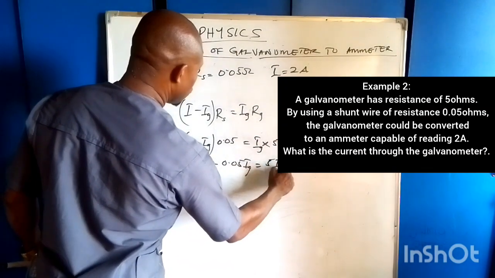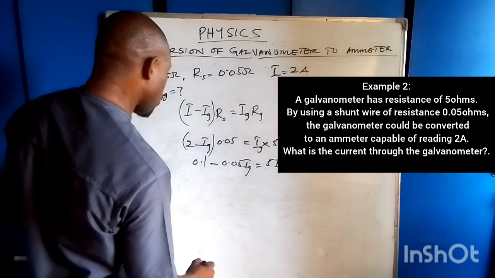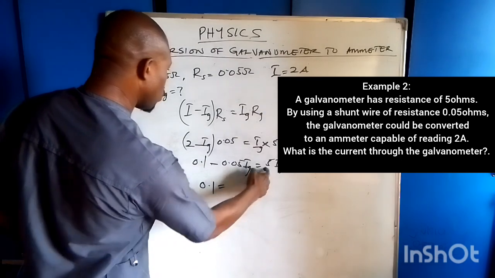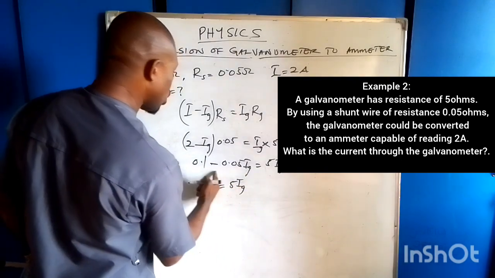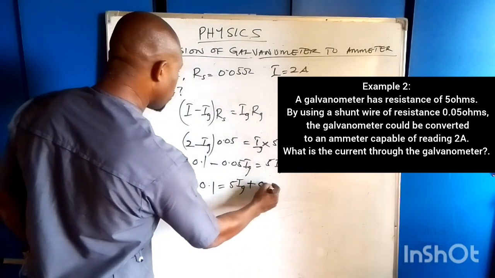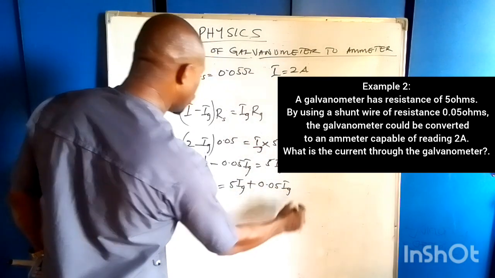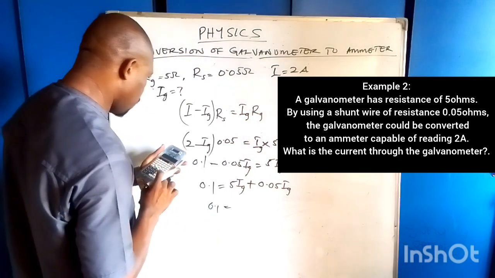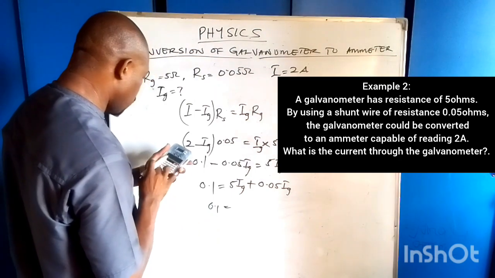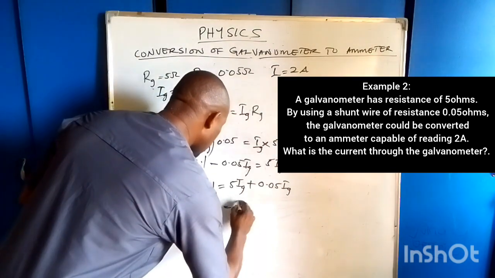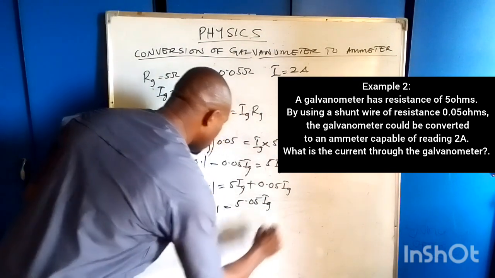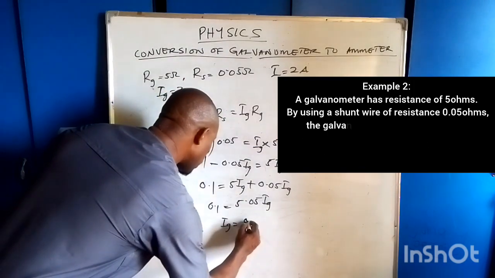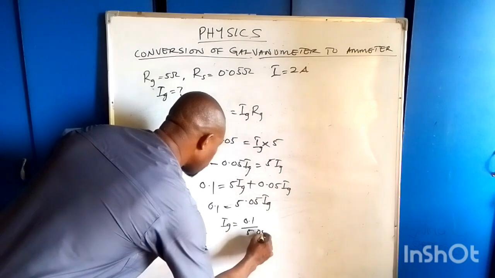Now, we collect like terms. 0.1 is equal to 5 IG plus 0.05 IG, which gives us 0.1 equals 5.05 IG. Make IG the subject. IG will give us 0.1 all over 5.05.